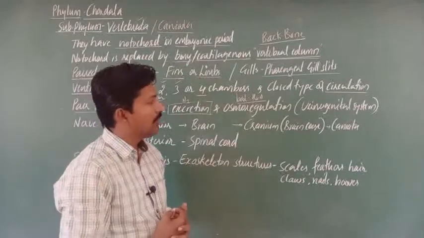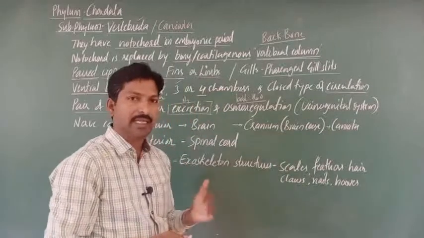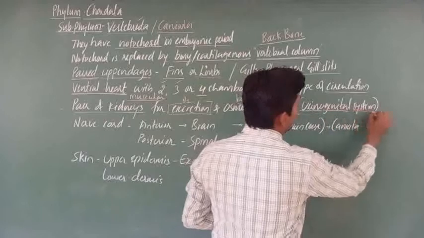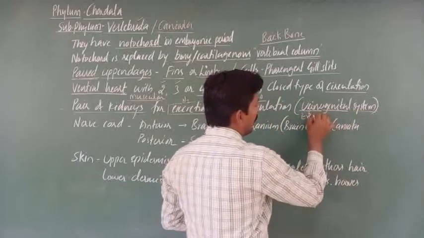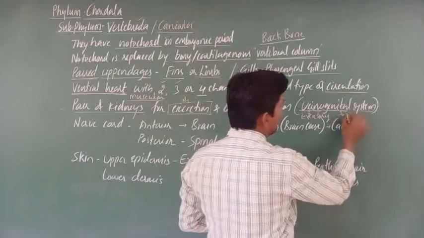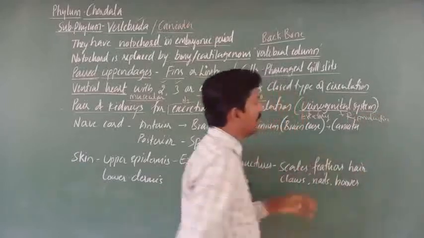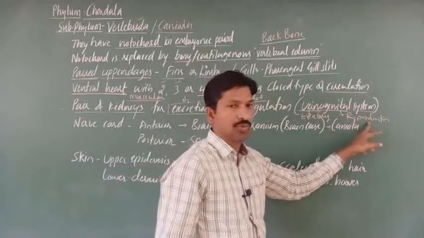That's why we call it both the excretory system as well as the genital system together, the urinogenital system. Urino means related to excretory function, and genital means reproductive function, right.